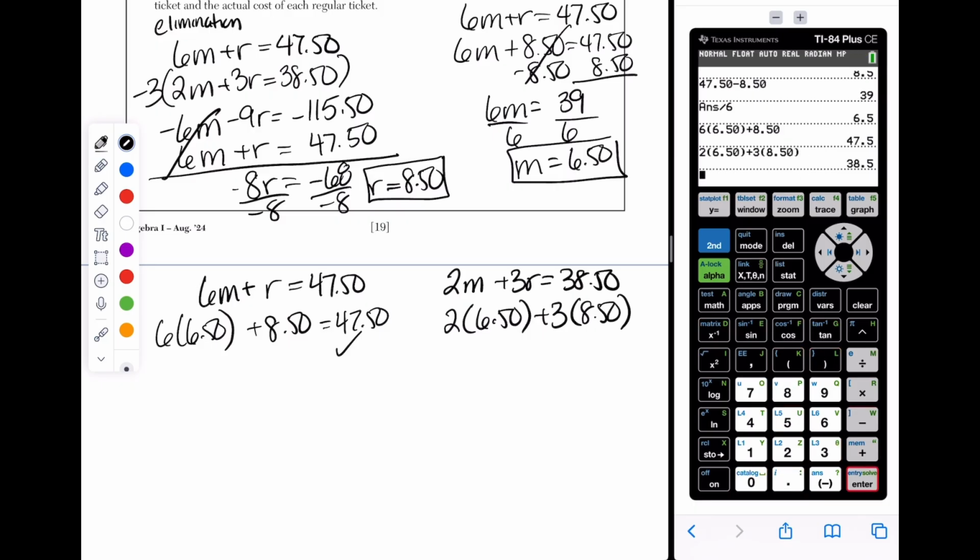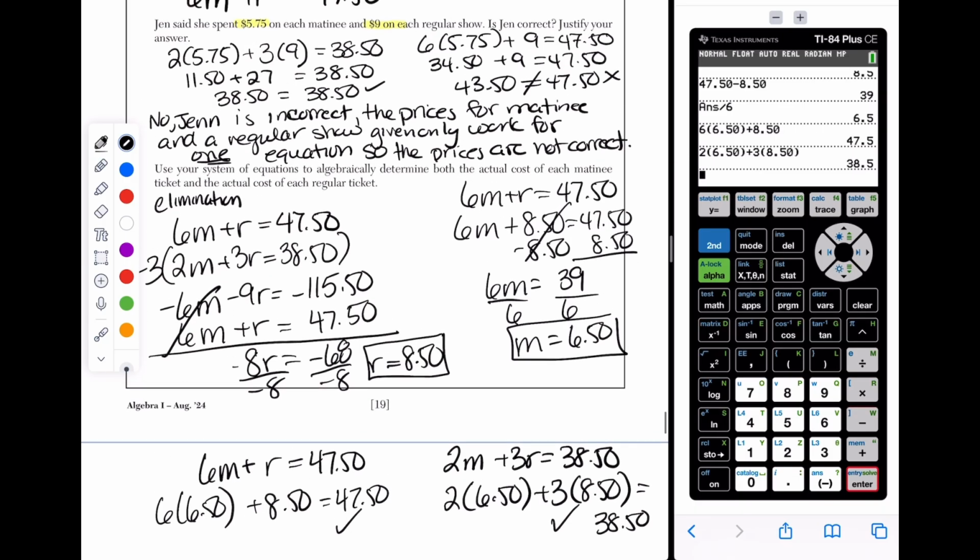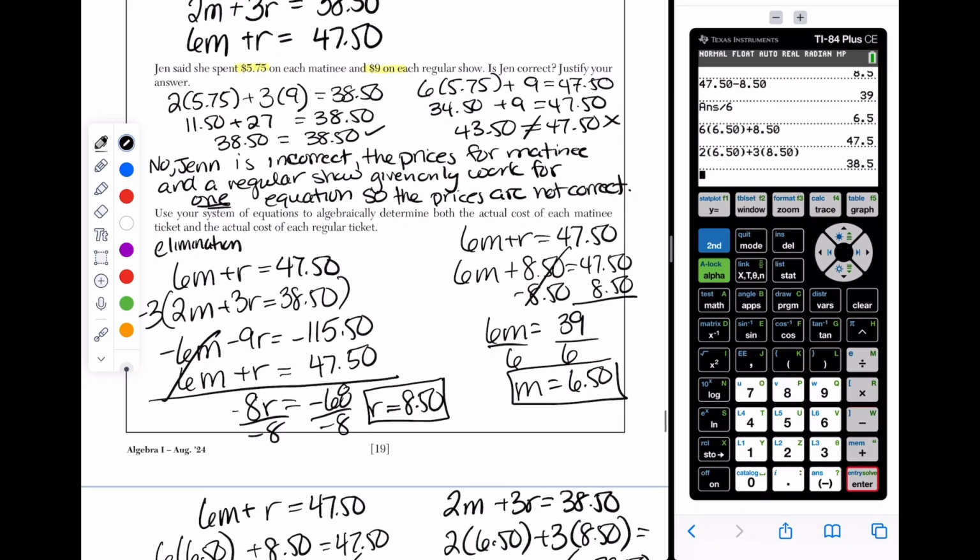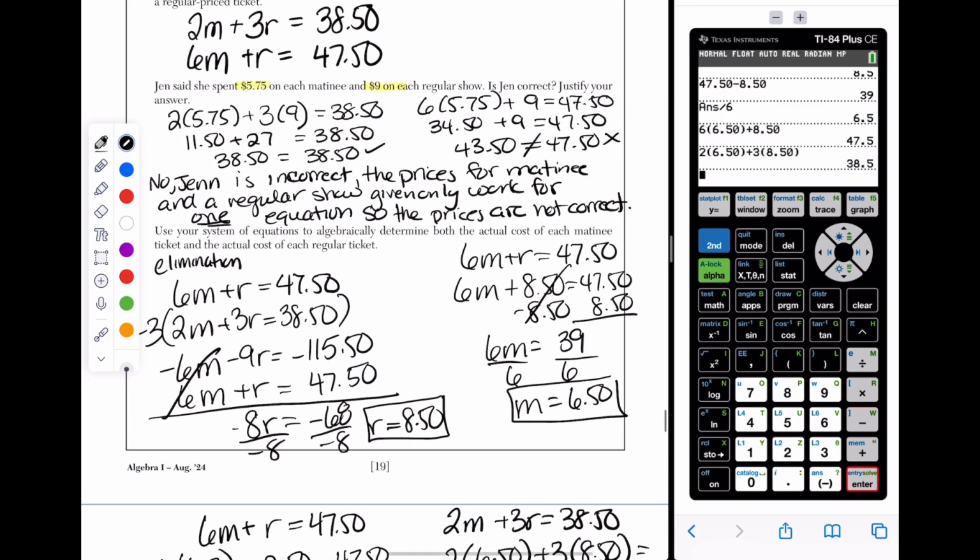And I also get 38.50. So knowing that, again, I would rather be careful and check my work. Now I have my complete answer. So now you can go back in, and if you use elimination, jot this down into your notes. And now I'm going to erase this and get ready to show it with a substitution.